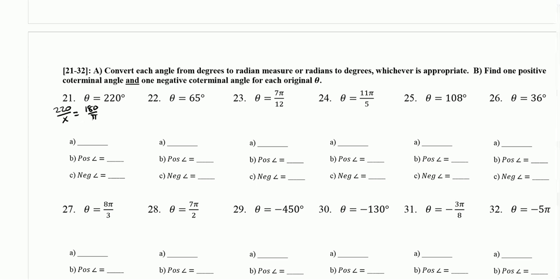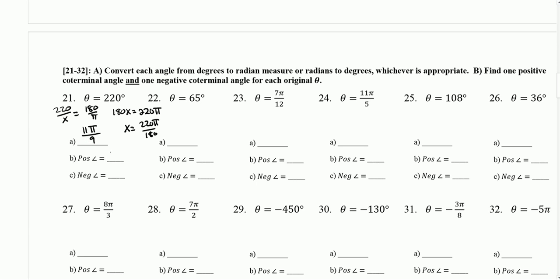So cross multiply and you get 180x is 220 pi. Divided by 180. Reduce. We can divide by 10. We can divide also by another 2. So we're going to get 11 pi over 9.